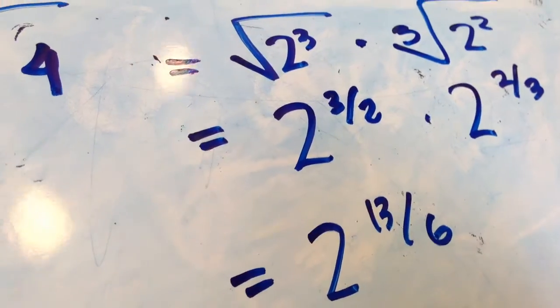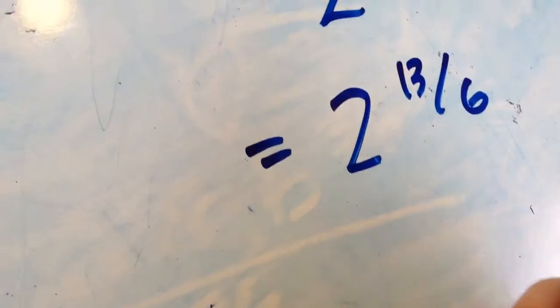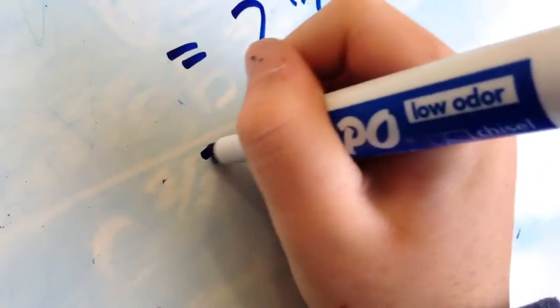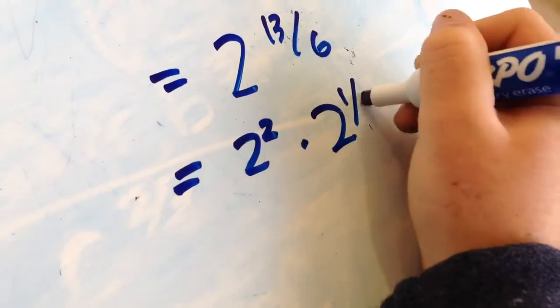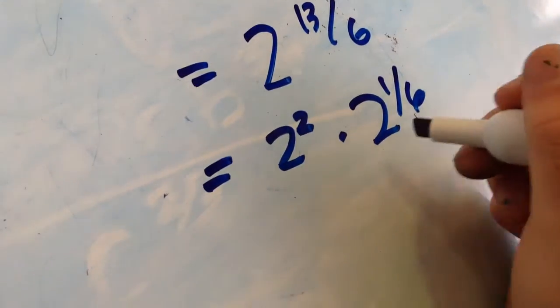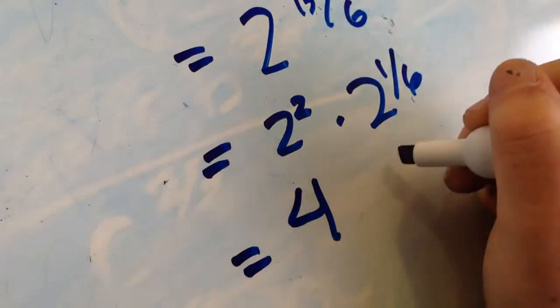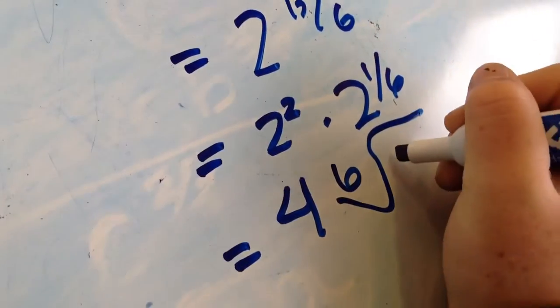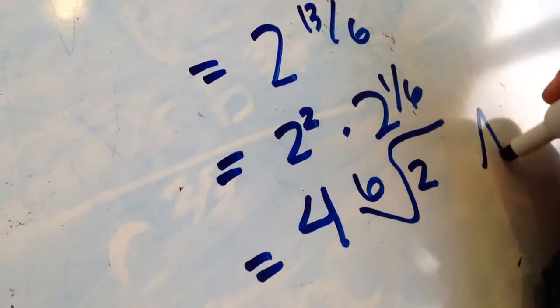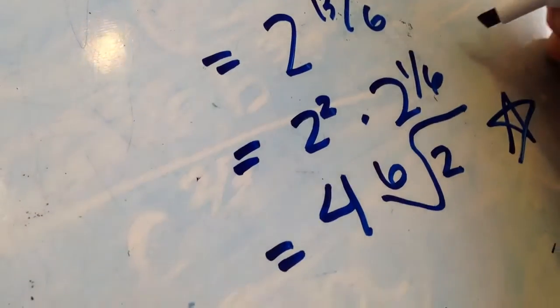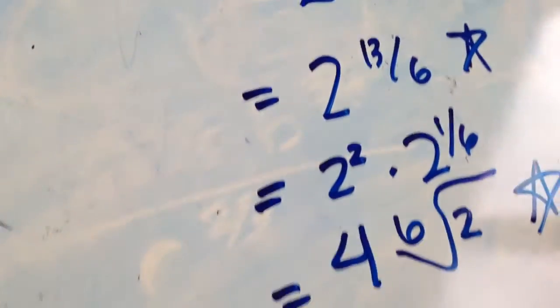And that's your answer in exponential form. And then to keep going, you go 2 times 2 times 2 to the 1/6. And that equals 4 times the 6th root of 2. And that's your simplest radical form. So this is your answer, and this is your answer.